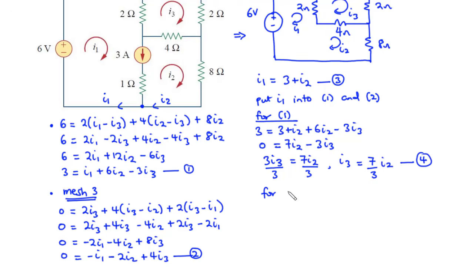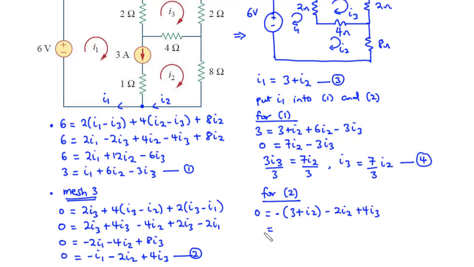Again, for equation 2, we are going to insert I1, or better still, we are going to plug in I1. So we have 0 equals negative I1, which is 3 plus I2, minus 2I2 plus 4I3.